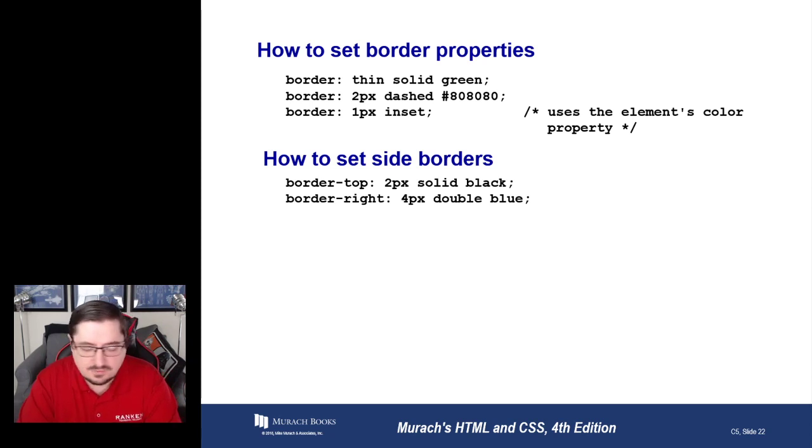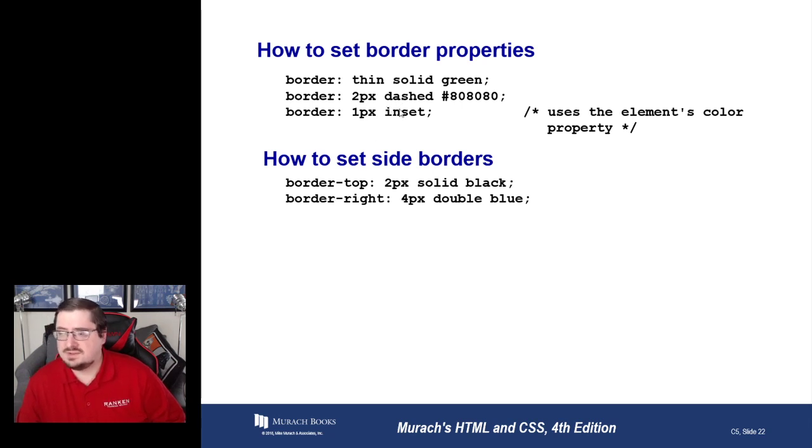There are plenty of cases where you might want that, but most of the time it's worth it to go ahead and set the color, even if it's going to be the same as your text, because very rarely will that be the case, and it often changes, even if it is at one point in time.